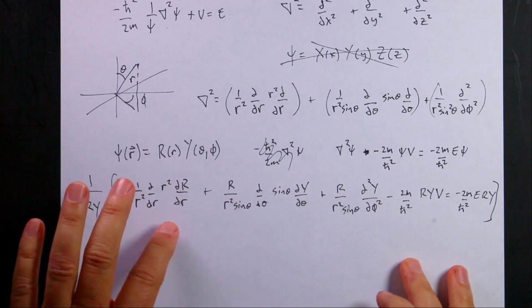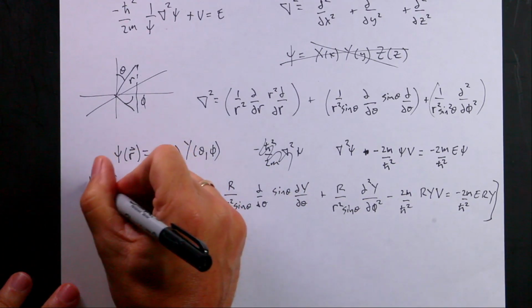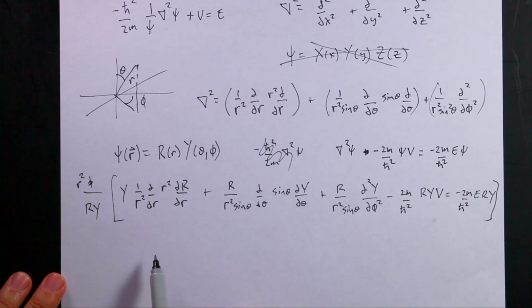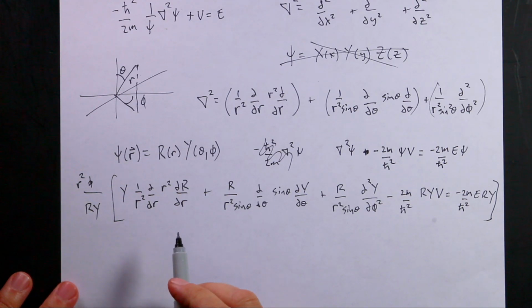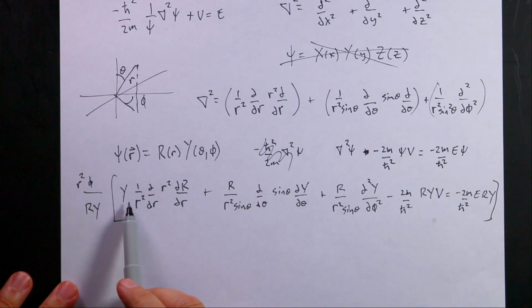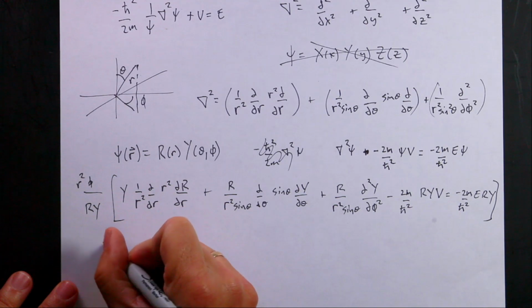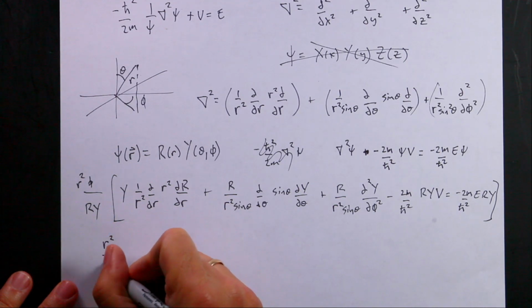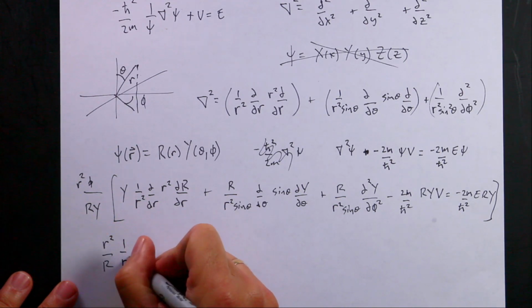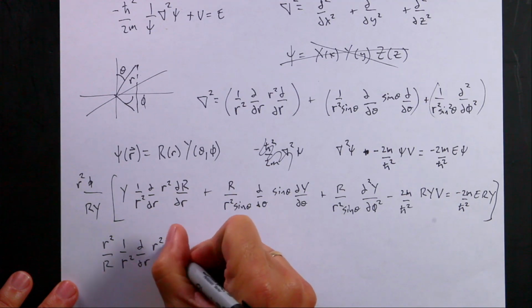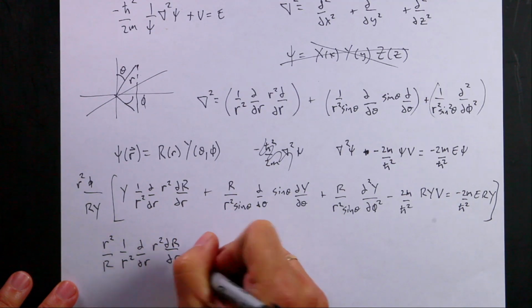So here's an r squared, here's an r squared. So I'm actually going to multiply this by r squared over ry. Okay. So if I do that, in this term the y's cancel, and I get r squared over r, 1 over r squared, partial with respect to r of r squared, partial of r with respect to r.